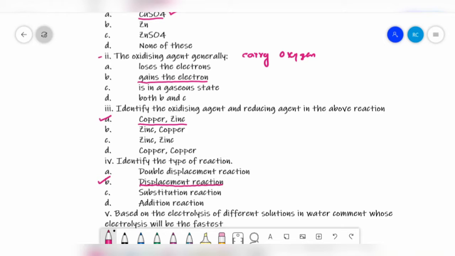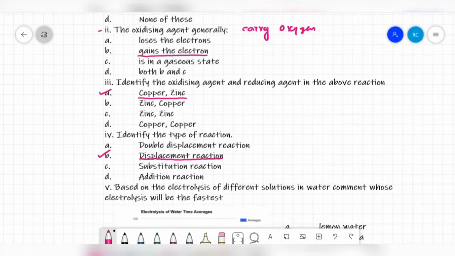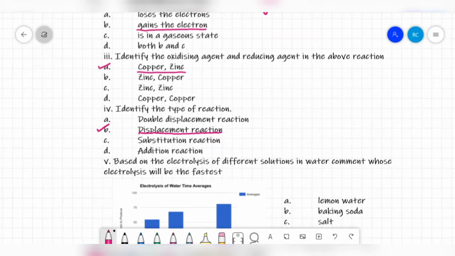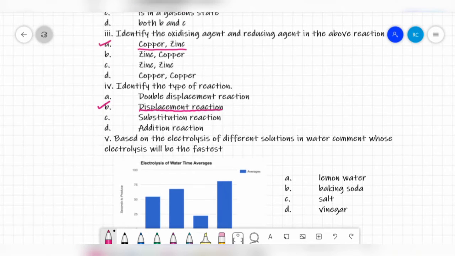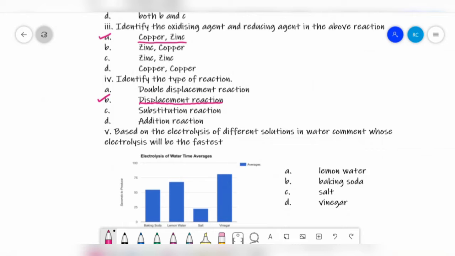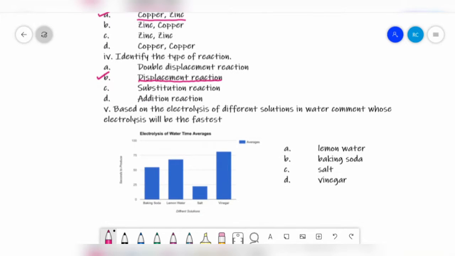Now the fifth one, based on the electrolysis of different solutions in water, comment whose electrolysis will be the fastest. There is a graph given here. When you look at the graph, you can see they have given some substance names, like baking soda, lemon water, salt and vinegar.